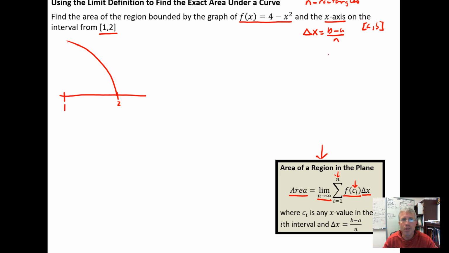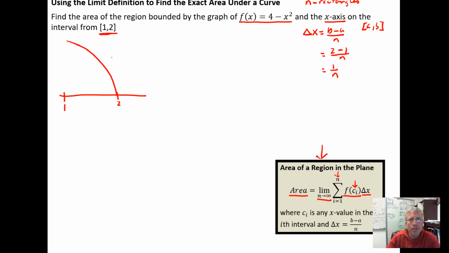We just need the length of the line segment on the x-axis to get the width of each rectangle. In this case, it's going to be 2 minus 1 from our closed interval over n, where n is the number of rectangles we use. So this simplifies to 1 over n as the width of each rectangle.